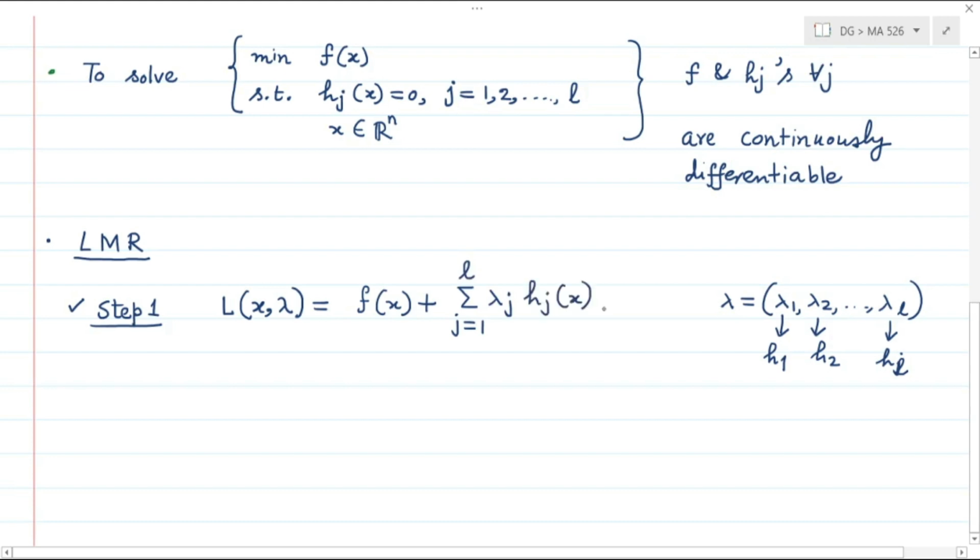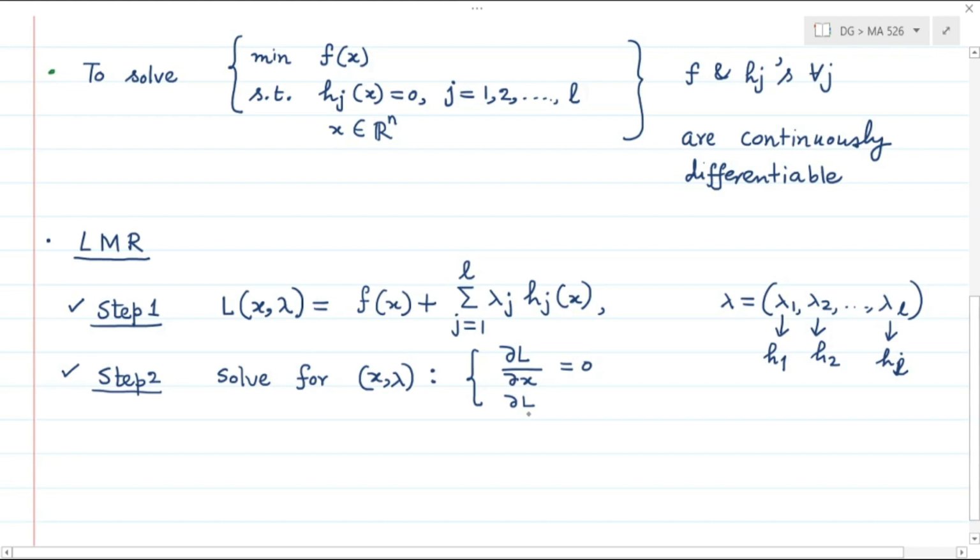We deliberately construct this, and then in the next step, solve for a vector (x, lambda) such that this (x, lambda) satisfies del L del x is equal to 0, del L del lambda is equal to 0.